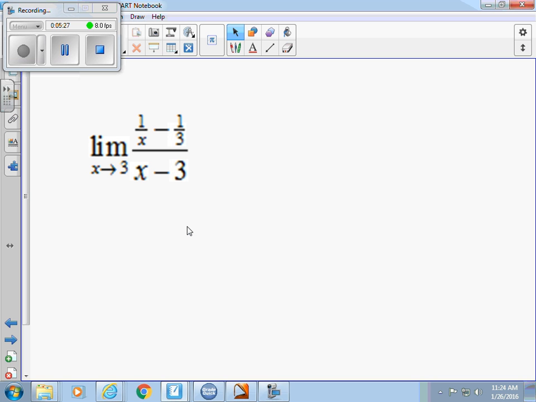Okay, we're still doing limits. We'll be looking at limits for limits. Of course, the limit as x equals 5 doesn't exist.